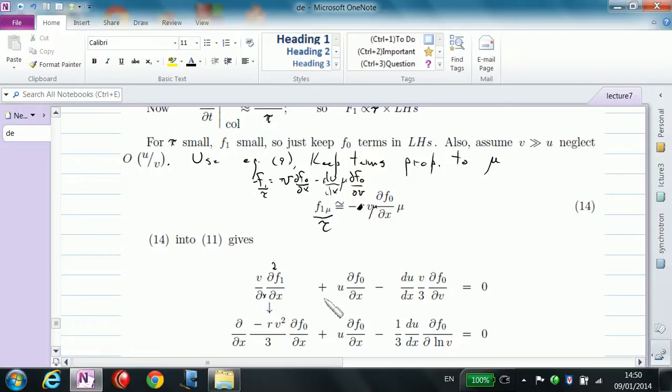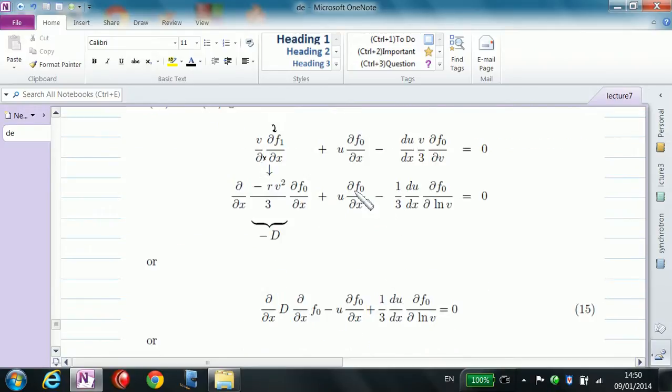And if that happens, then you no longer have isotropy. The assumptions were that particles scattered before they changed their velocities very much. And if they change their velocities a lot, then the angular distribution also becomes complicated. It's not just the first order in cosine theta, but we assumed it was, and therefore these are the only terms that matter. And this is diffusion, this is convection, and this is compression. And this is the term that gives shock acceleration.